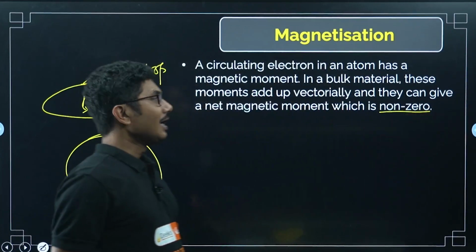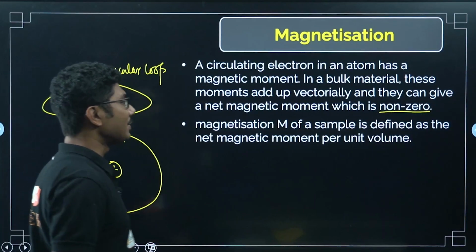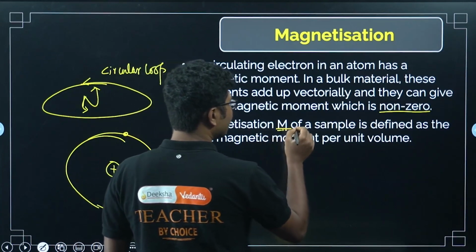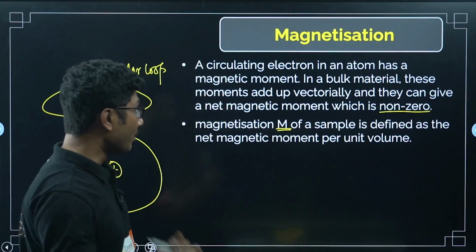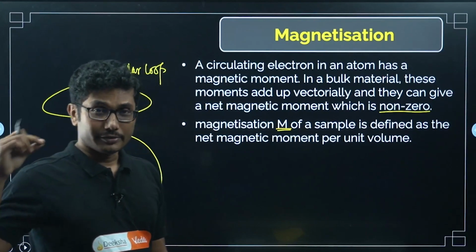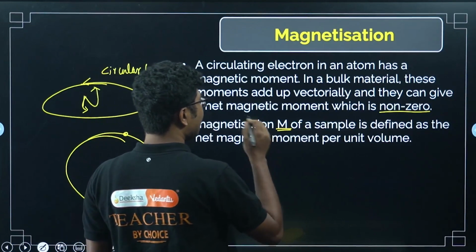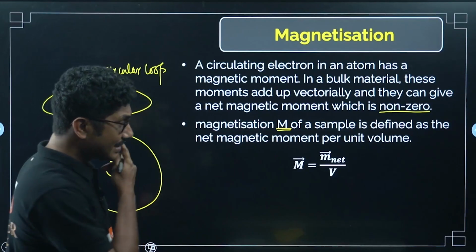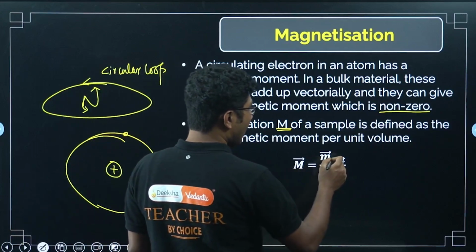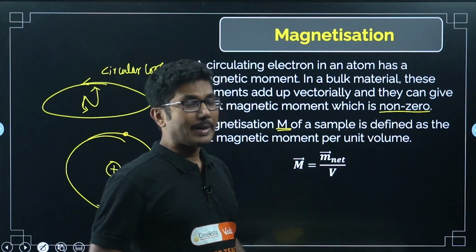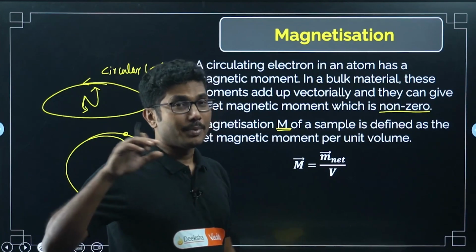And then we define something called magnetization, capital M. Don't get confused with the magnetic moment. Magnetization is denoted by capital M, and magnetic moment is also denoted by capital M, but there is a difference. Magnetization is defined as the net magnetic moment per unit volume.